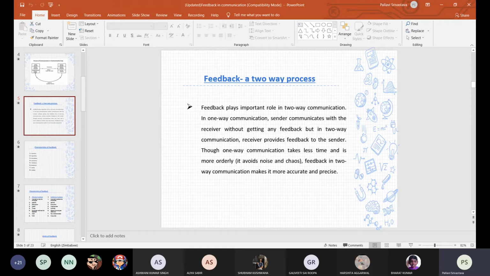Although one-way communication takes less time because two parties are not involved, one has a duty, they announce something and they leave. But when two people are in a communication situation where feedback can be immediately given to each other, then we can communicate more accurately and more precisely.